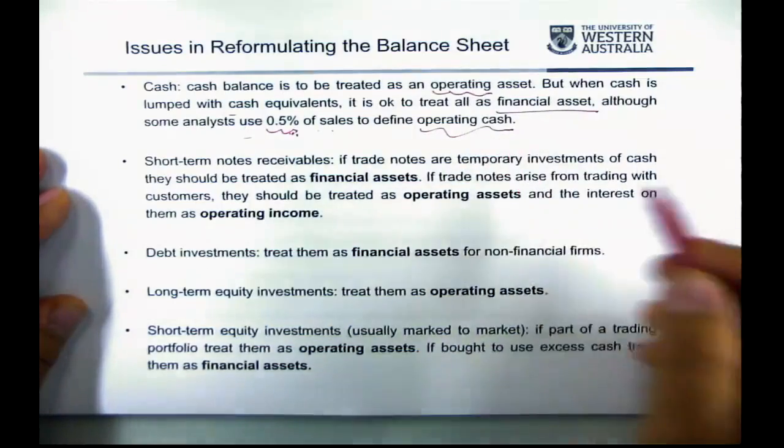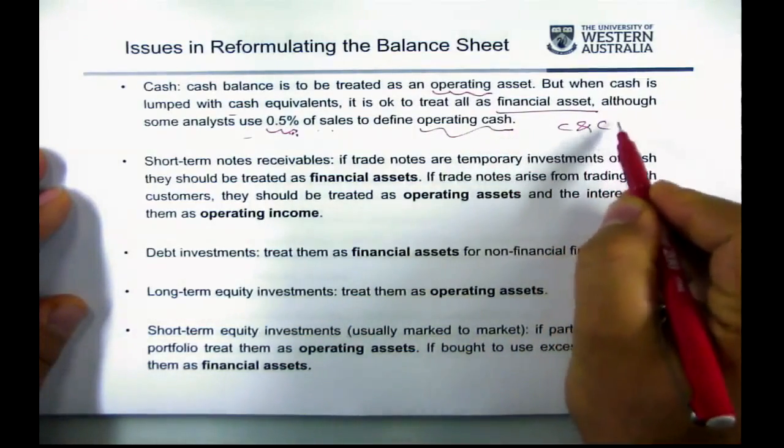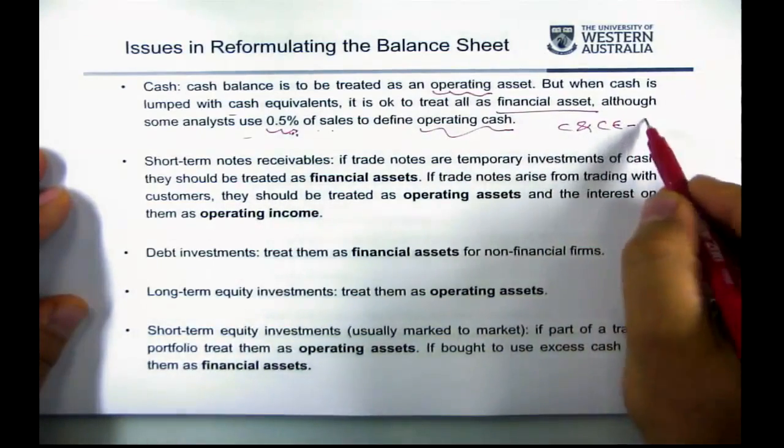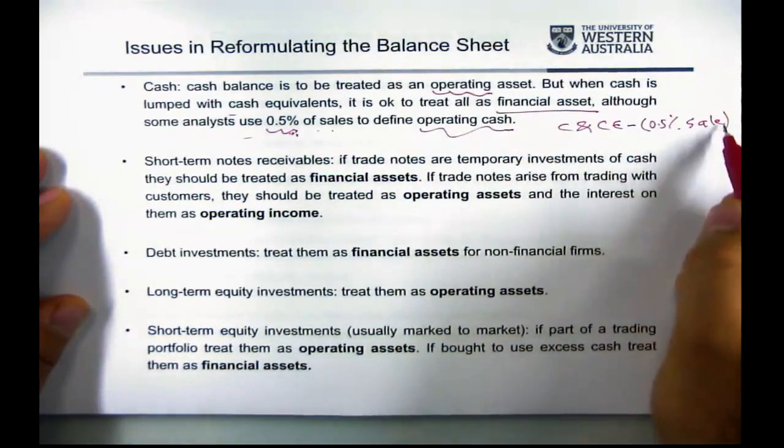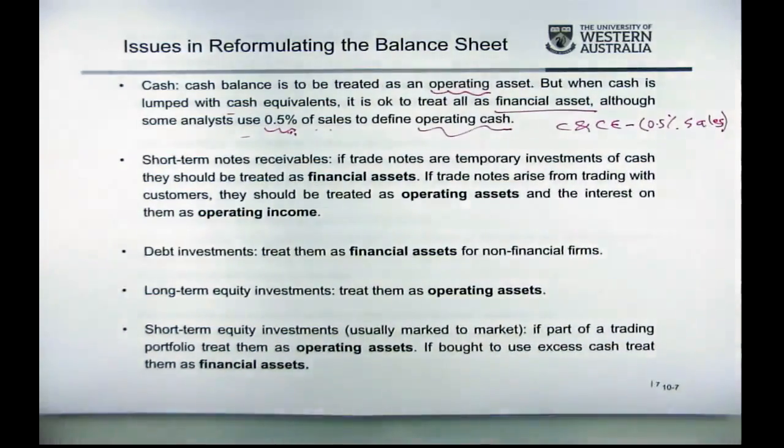Then the remaining balance, cash and cash equivalents minus 0.5% of sales, is treated as cash equivalents or financial assets. Okay? So this is just a rough way to separate the operating cash from cash and cash equivalents. Okay?